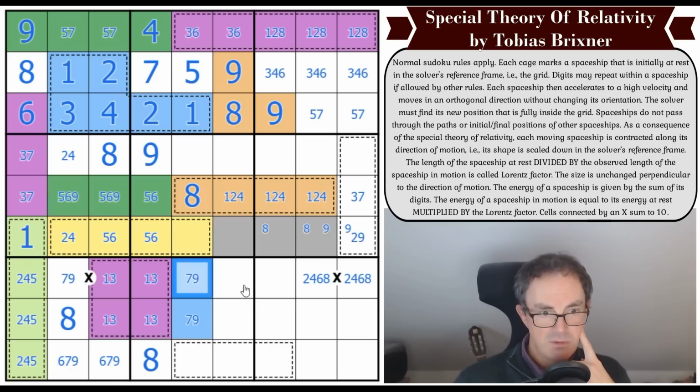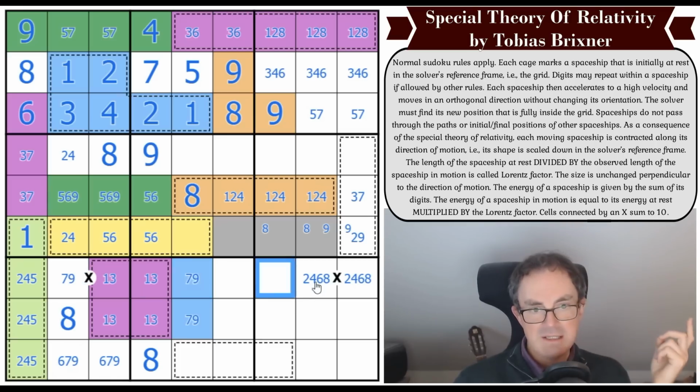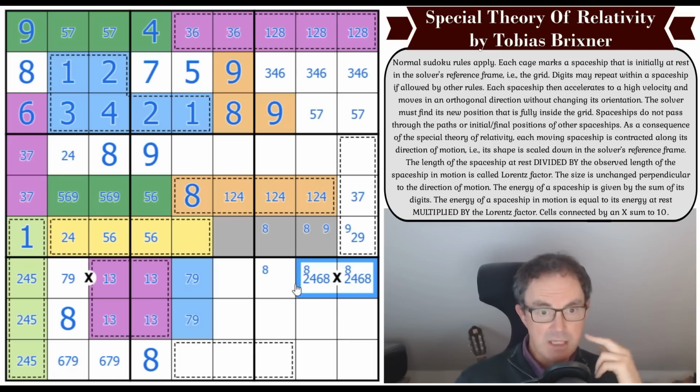Is that useful? 8 is in one of those 3. It'd be very useful if we could get it onto the dot, wouldn't it? Sorry, on the X. Then we would know this was 2 and 8. Are we allowed to do that for some reason that I'm not understanding? I don't know. I don't know yet.